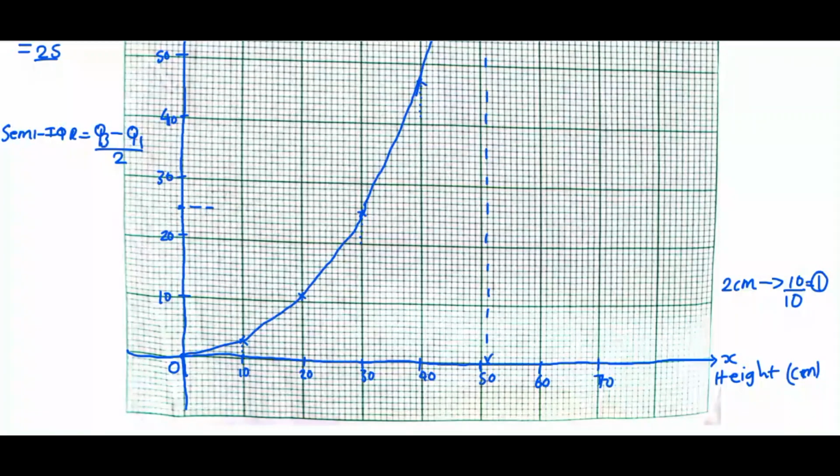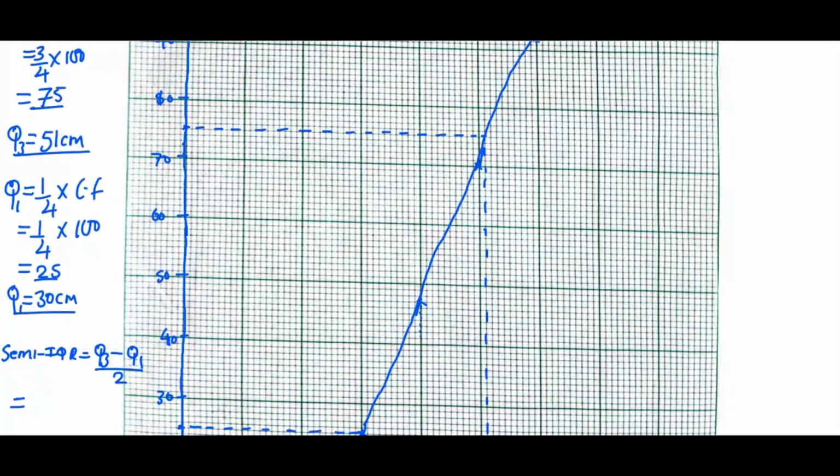So you draw a dotted line. For this question, we can see that we are just getting the actual number. So quartile 1 is equal to 30 centimeters as our height.